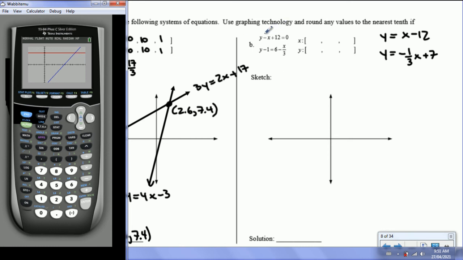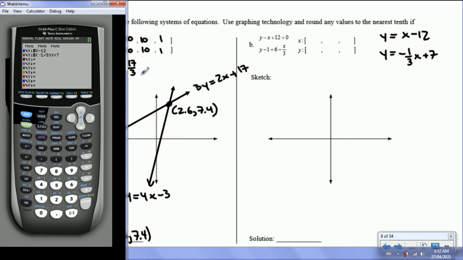So let's just maybe double check. So x minus 12, negative 1/3 x plus 7. Oh, negative 1/3 plus 7, that was my issue. So, oh, second delete, so I can put an x in there.